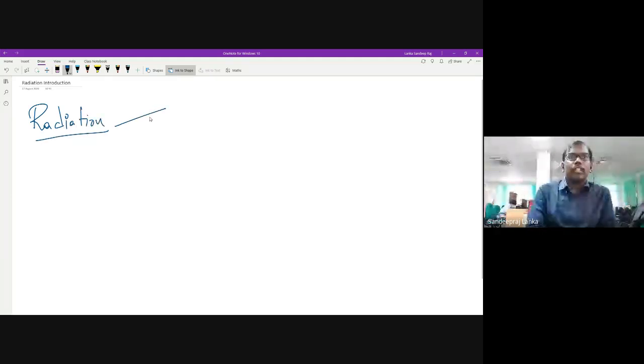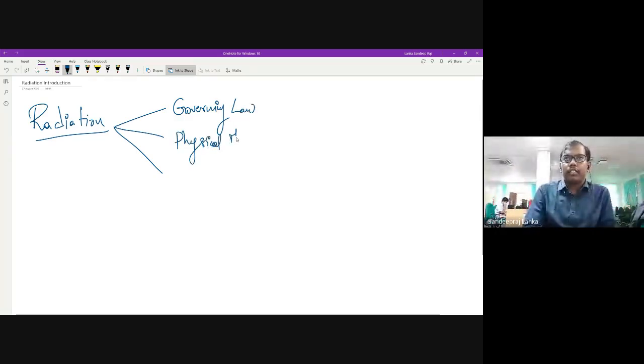So as a regular story, first we have to see what is the governing law, and then we have to see what is the physical mechanism of heat transfer, and then you have a mathematical expression.